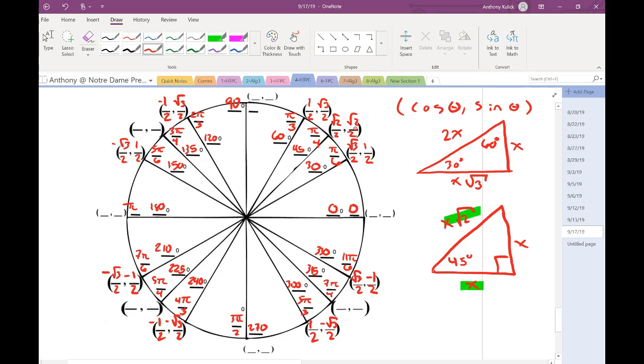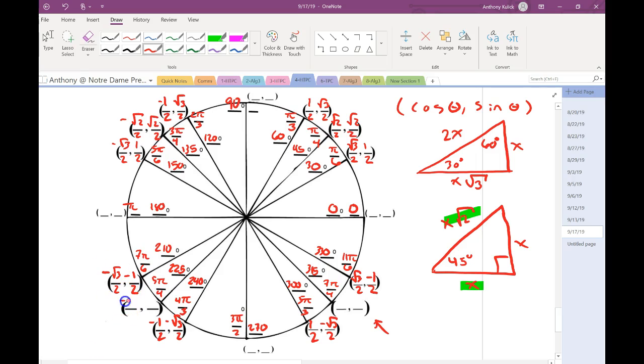And just like I did before, I'm going to go to all those places where if I draw a perpendicular back to the x-axis, I make a 45-degree angle, and fill in those coordinates, updating them appropriately for the quadrant that we're lying in. So I have negative square root 2, and then positive square root 2 in the second quadrant.